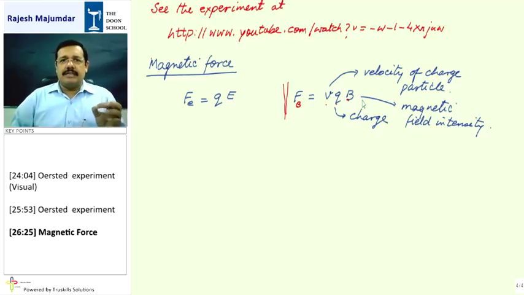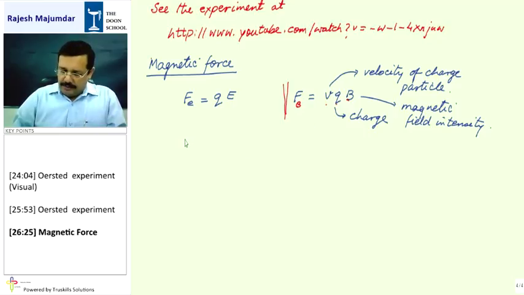If a charged particle is stationary in an electric field, it will still experience electric force. But to experience magnetic force, a charged particle has to move. It should have a non-zero velocity, because if the velocity is 0, FB will be 0. So this is a very interesting and distinctly different property from electric field intensity.